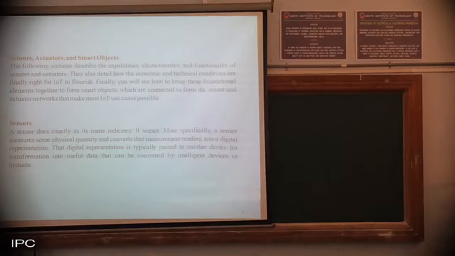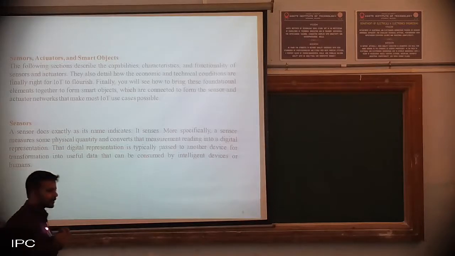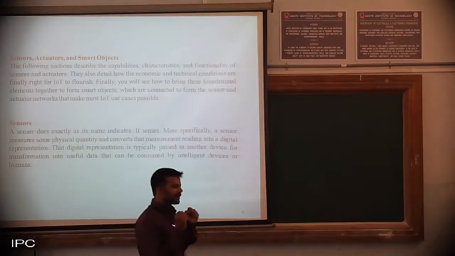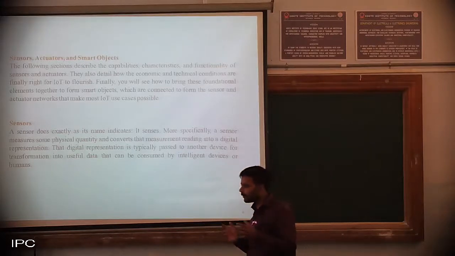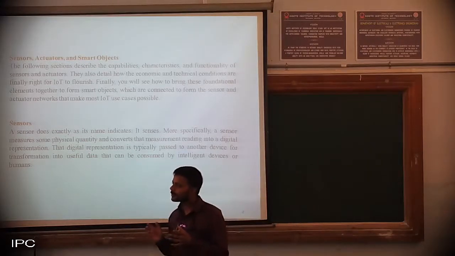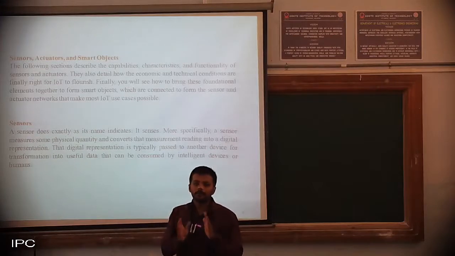Coming to sensors, actuators, and smart objects. A smart object is a combination of both sensors and actuators. Suppose we are monitoring some electrical appliances, and we fix some sensor.